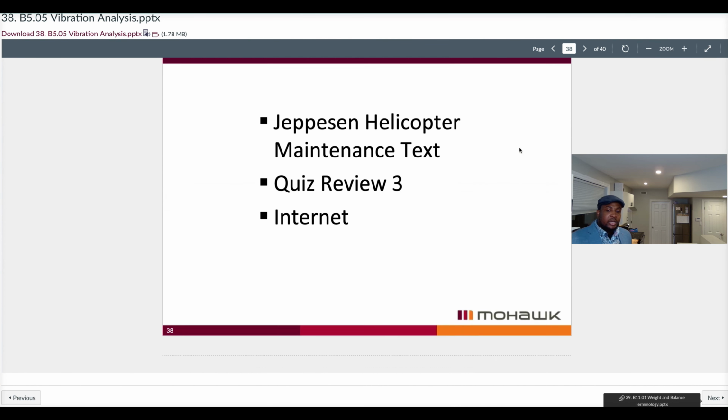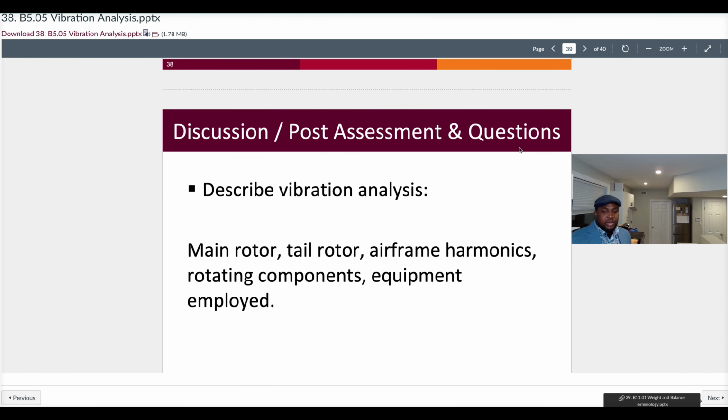Summary: main rotors and tail rotors are all susceptible to vibrations because they rotate. We have two main types of vibrations: vertical vibrations, which come from uneven lift distribution. That uneven lift is caused by one blade flying at a different tip path plane than another blade.